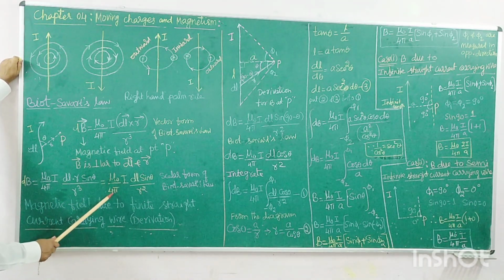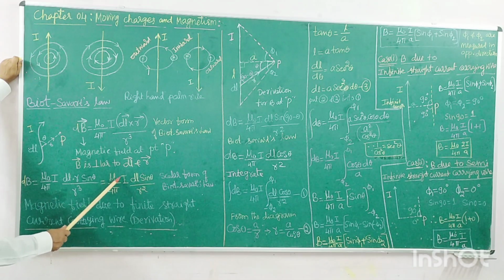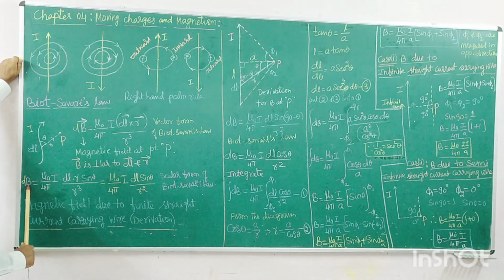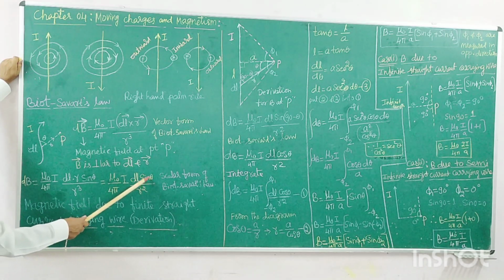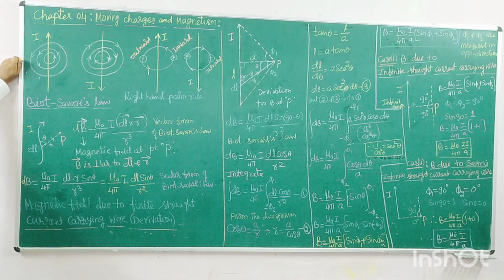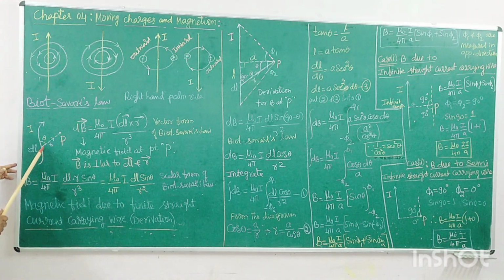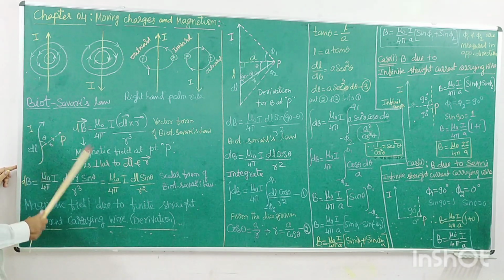Mu naught by 4 pi, mu naught is the magnetic permeability, a constant of proportionality. It is directly proportional to current strength into dl and sin theta, and inversely proportional to r, the square of the distance. That is, as the point is farther from the conductor, the field strength decreases.